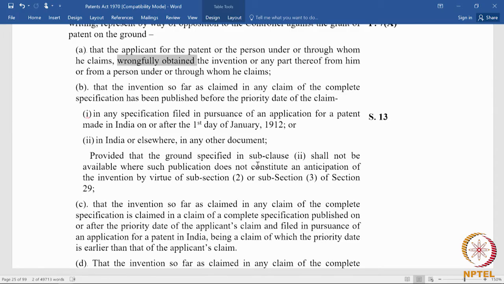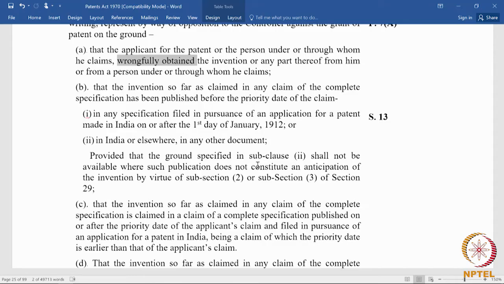This ground of opposition is unique because there could be some action that follows out of this section, because the Patents Act refers to this as a case of obtaining.